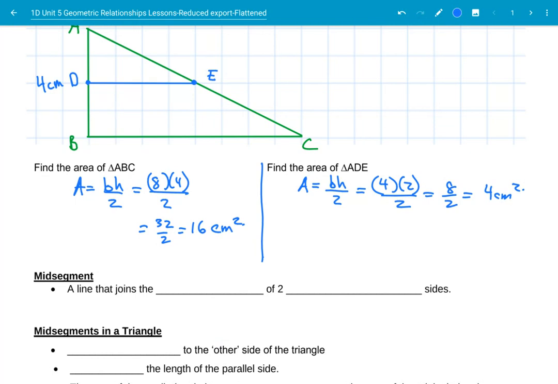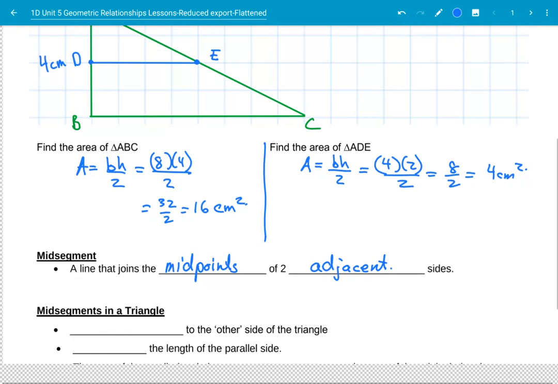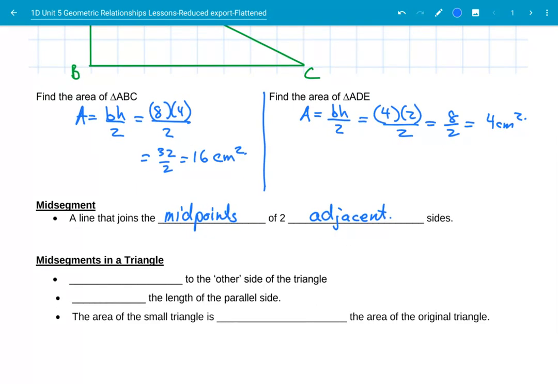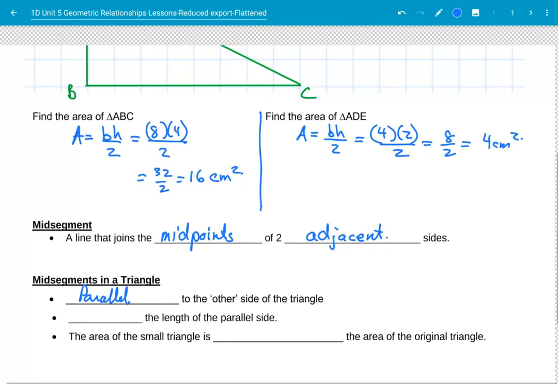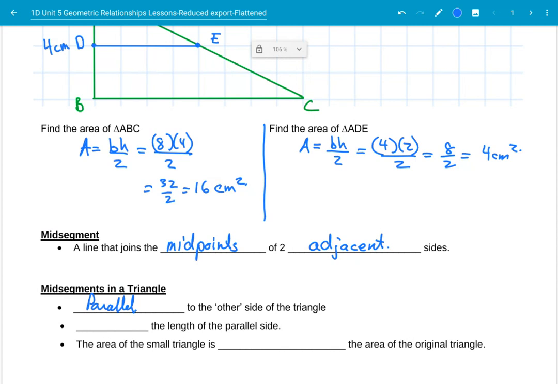Mid-segments: a line that joins midpoints of two adjacent, which means next door neighbor, right? Adjacent sides. Mid-segments of a triangle are parallel to the other side of the triangle. And formally, we could say D to E from our triangle up above is parallel to B to C. There's the mathy way of writing that.